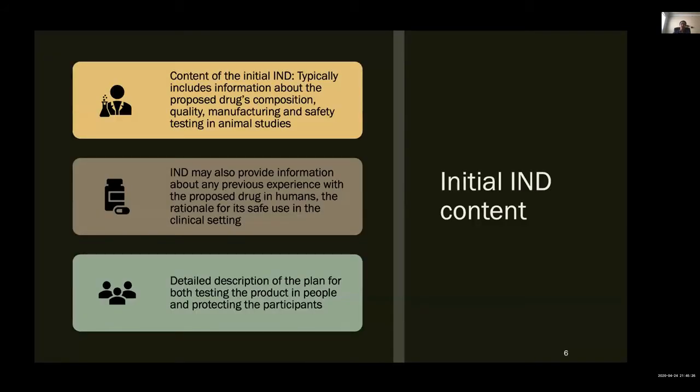So we are going to quickly look at what the initial IND content looks like. I think many of you are possibly sponsors here and might know the long journey it takes to get to the initial IND.